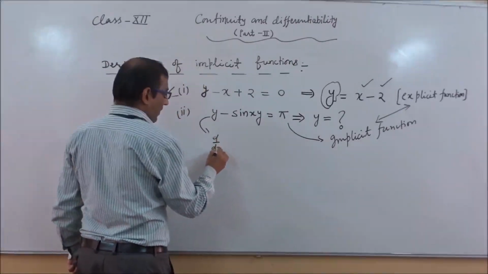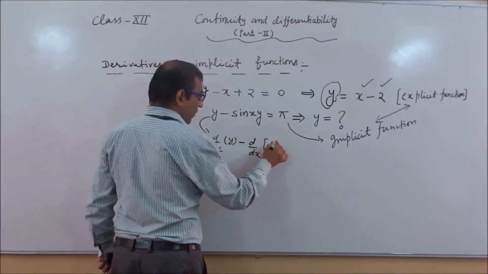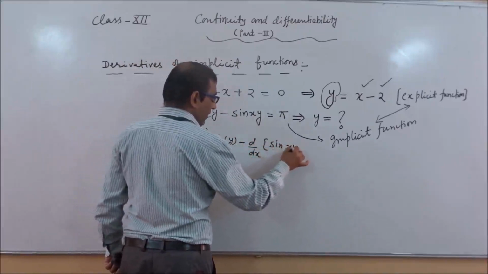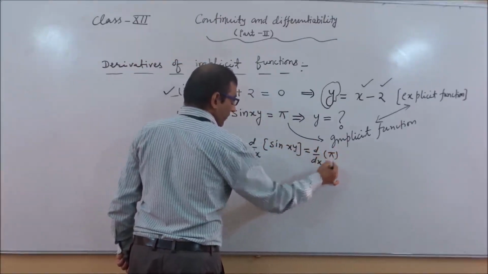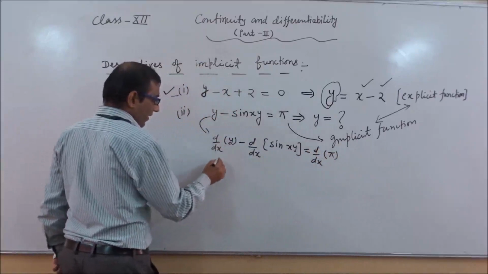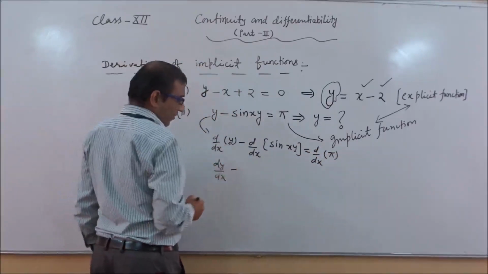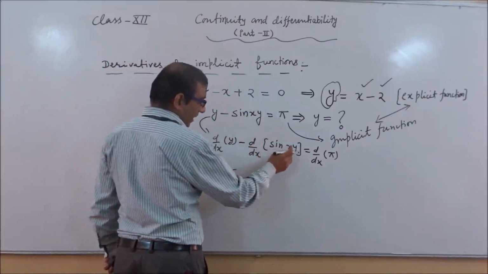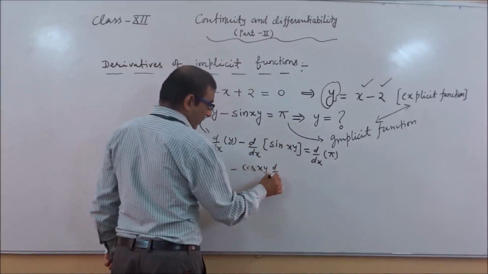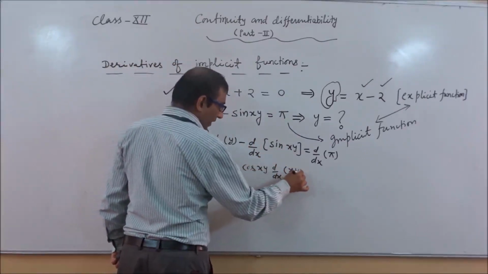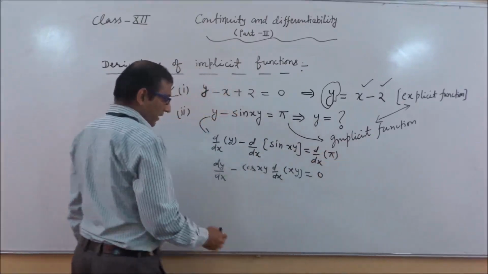So d by dx of y minus d by dx of sin xy equals d by dx of pi. So d by dx of y becomes dy by dx. After this, the minus sign as it is, and d by dx of sin xy becomes cos xy times d by dx of xy, and d by dx of pi is 0 because pi is a constant quantity.